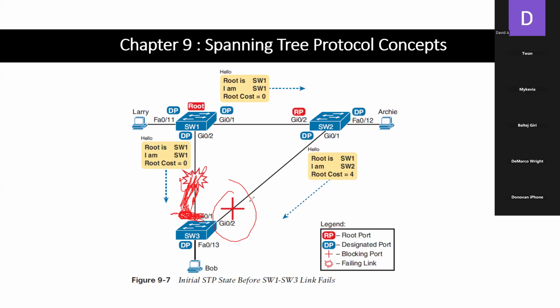It is still receiving BPDUs from switch 2. That is the only traffic that's allowed, and that is how spanning tree can work.